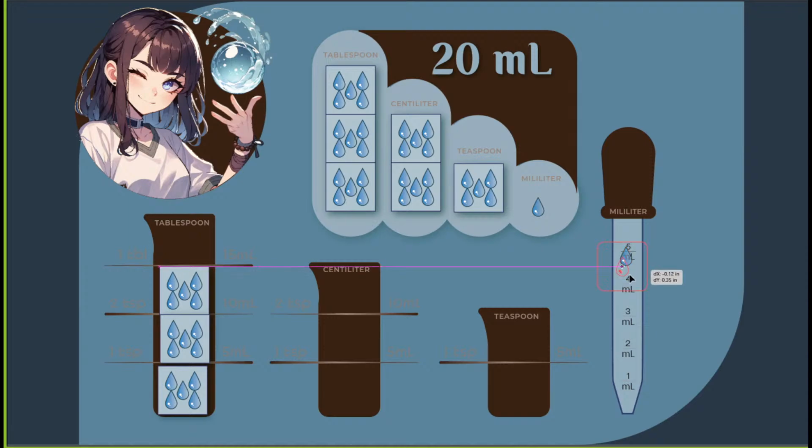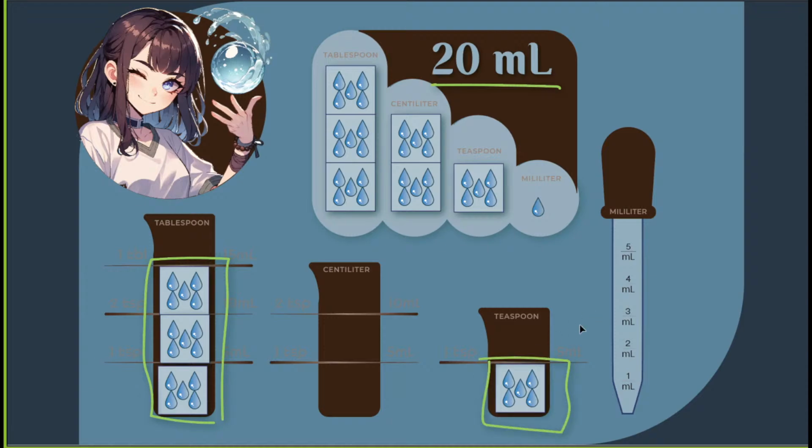Then that gives us room to continue to fill up our dropper one more time to another full 5 milliliters, at which point we will then transfer it inside of the teaspoon cup one last time to get our value of 20 milliliters. All right. So 20 milliliters in this system would be 1 tablespoon and 1 teaspoon.